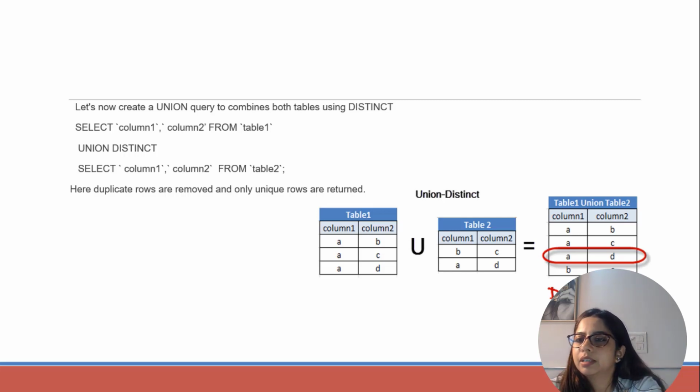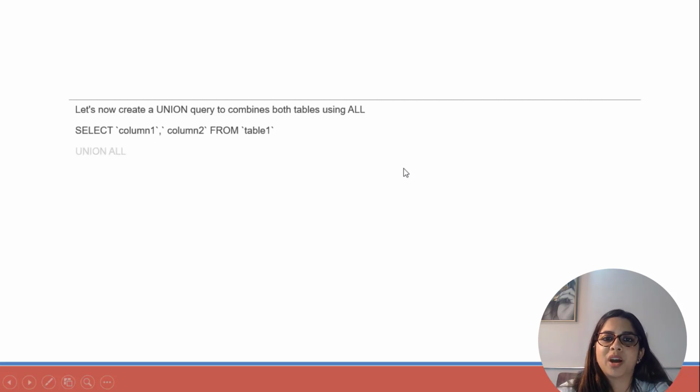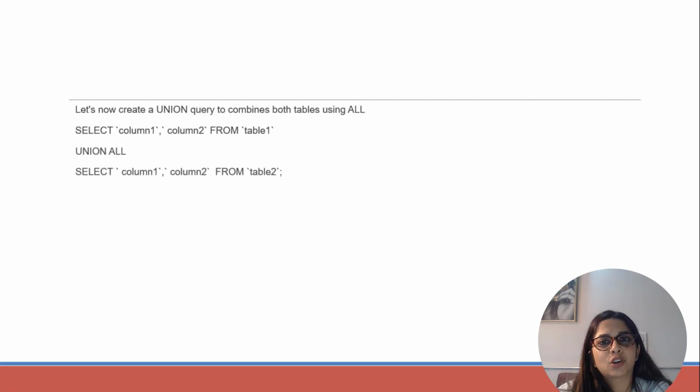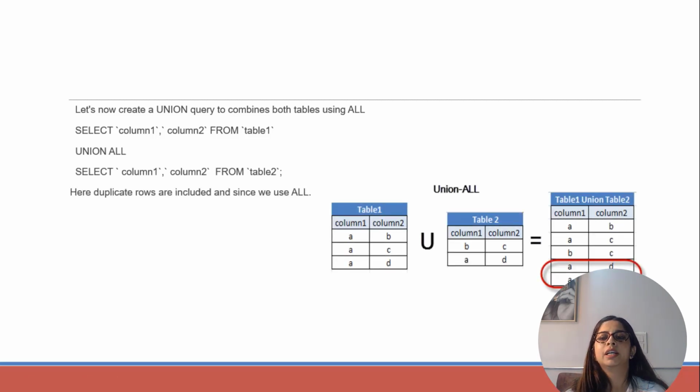Let's see something called union all. Suppose we write select column 1, column 2 from table number 1, union all, select column 1, column 2 from table number 2. What do we get? There were 3 rows here, 2 rows here. Total is 5. So we get 5 entries in the union table.